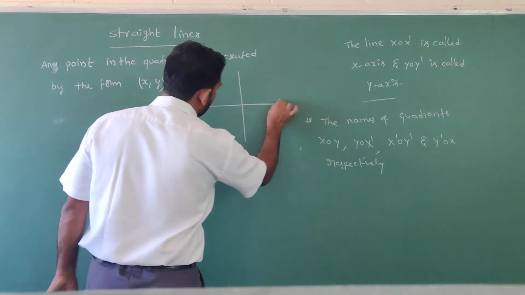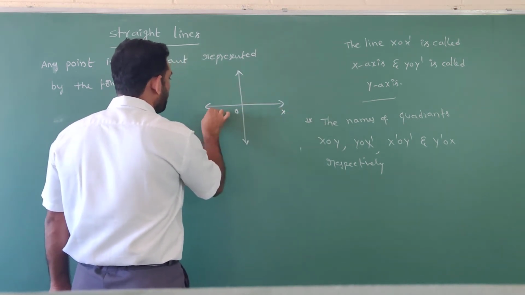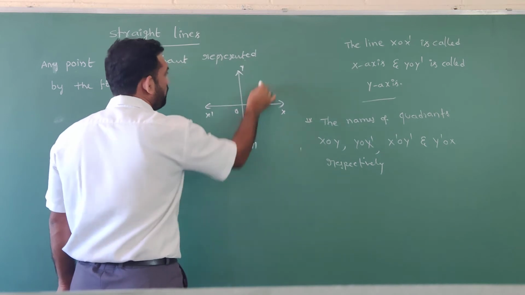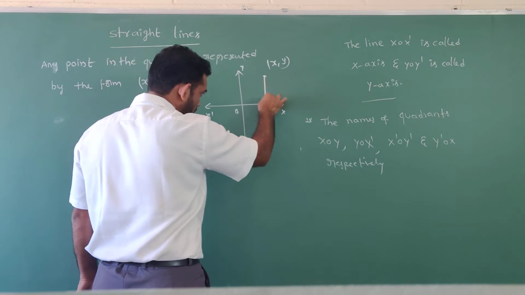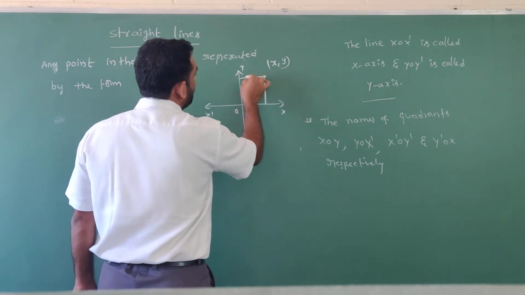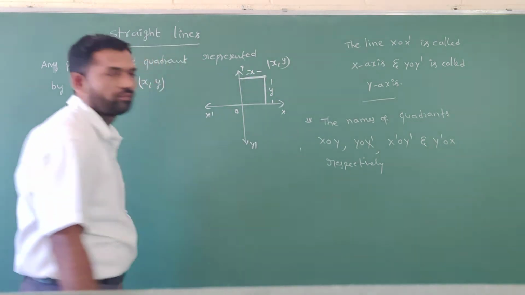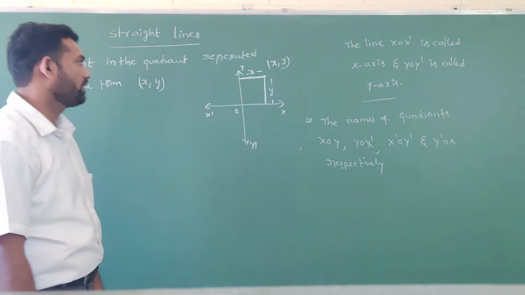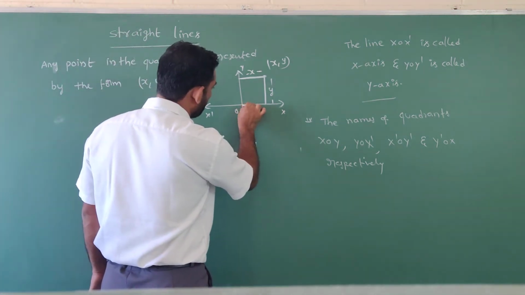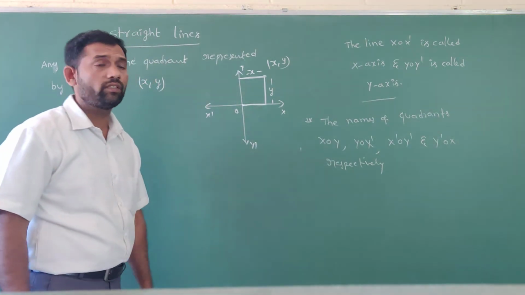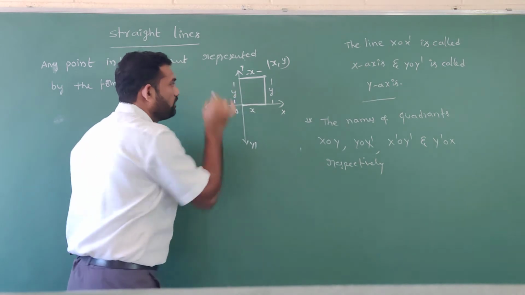So the point can be represented in the form x comma y. This is measured from the origin: this is called x, this is called y.